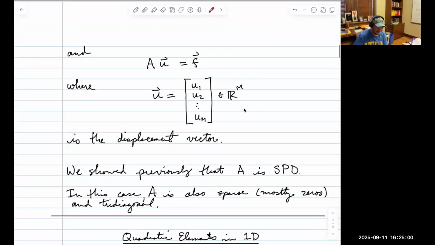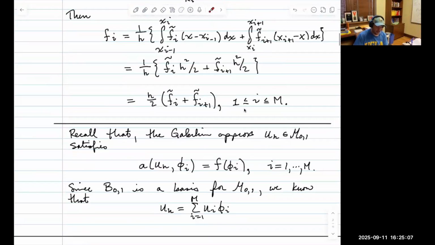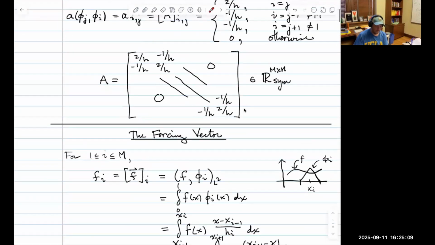So u is what we call the displacement vector. We showed previously that A is not just symmetric. By the way, it's clear that it's symmetric and it has positive diagonal elements, so you could postulate that this is symmetric positive definite, but we actually already proved that, and all that is required is knowing a certain small fact.